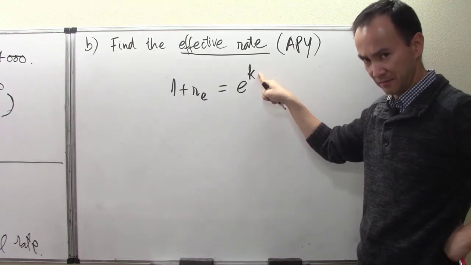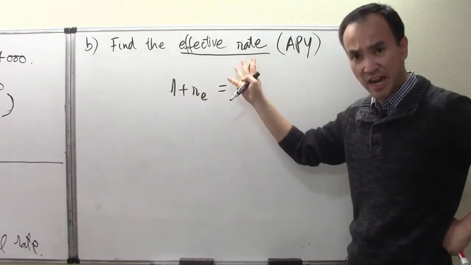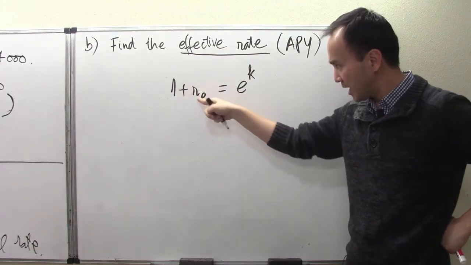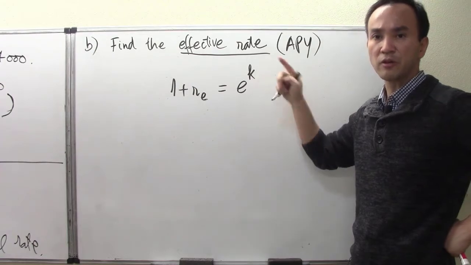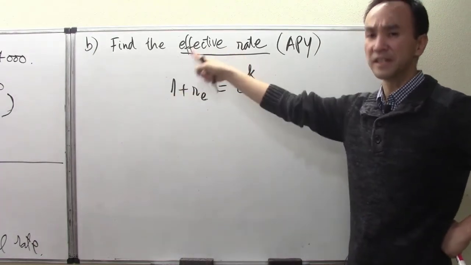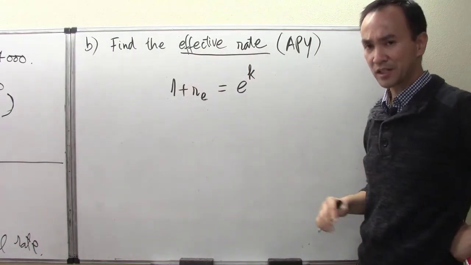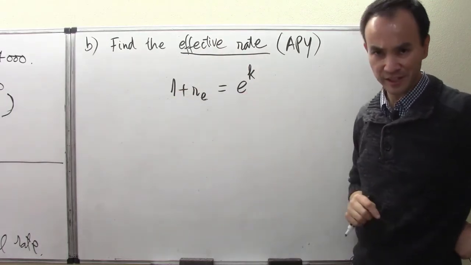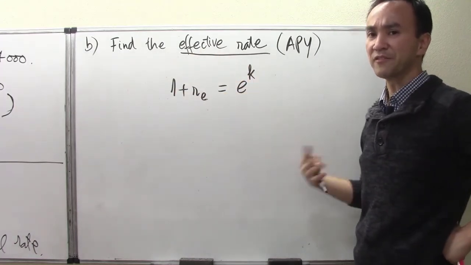The effective rate is quite different, but it has a relationship: 1 plus the effective rate equals e to the nominal rate. We have already sort of proven this in the earlier work before this example. Now it's just a matter of using this relationship to benefit us.